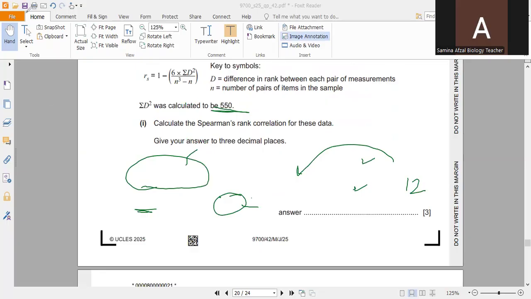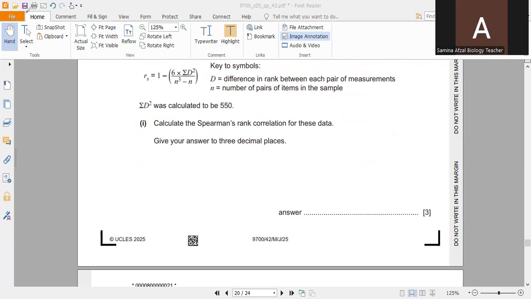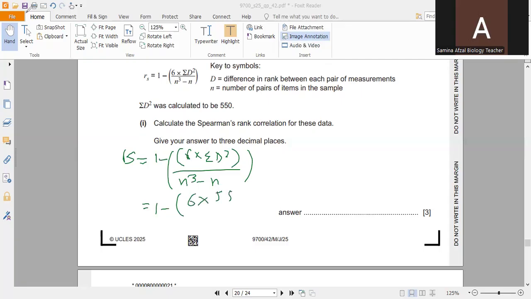I will show you how to calculate the value with this formula. rs is equal to 1 minus 6 multiplied by Σd² over n cubed minus n. We put the values in: 6 multiplied by 550 divided by 12 cubed minus 12.